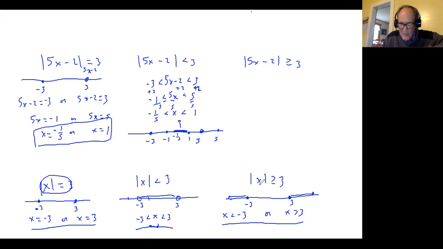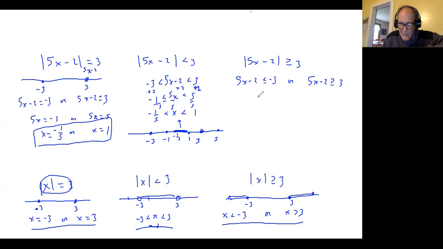Now, when the absolute value of x was greater than or equal to 3, then it was the solution set greater than or equal to 3, and the solution set less than or equal to negative 3. So then we'll have 5x minus 2 is less than or equal to negative 3, or 5x minus 2 is greater than or equal to positive 3.